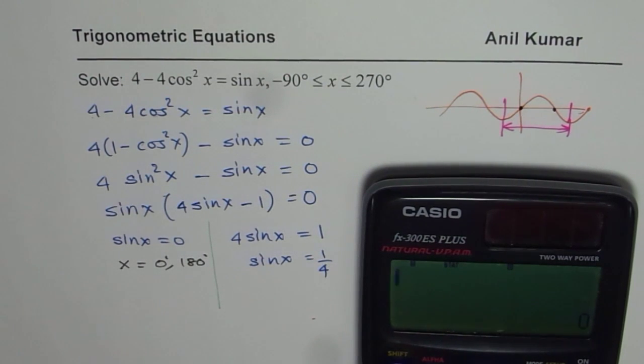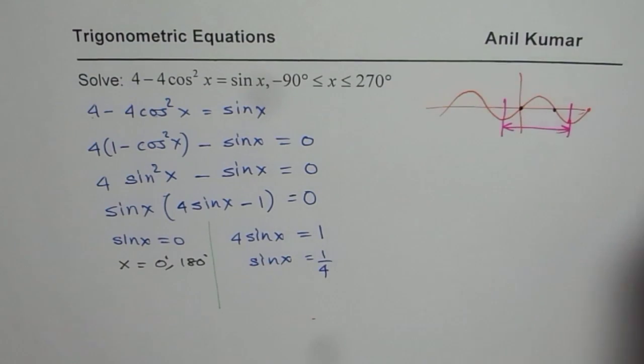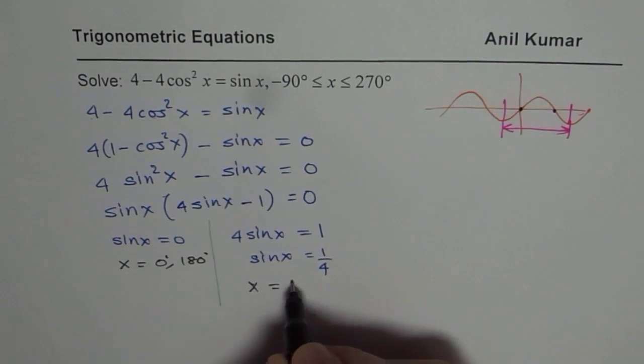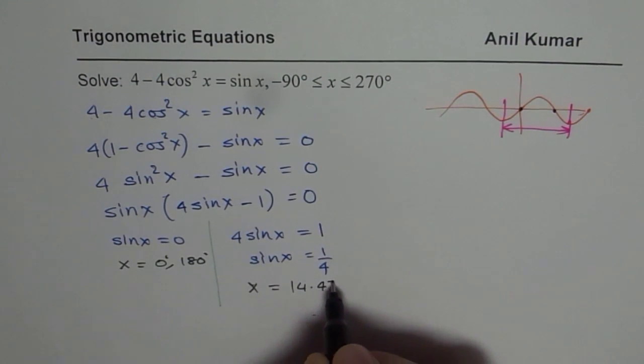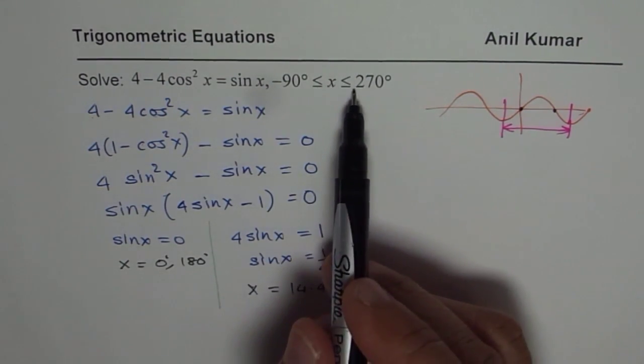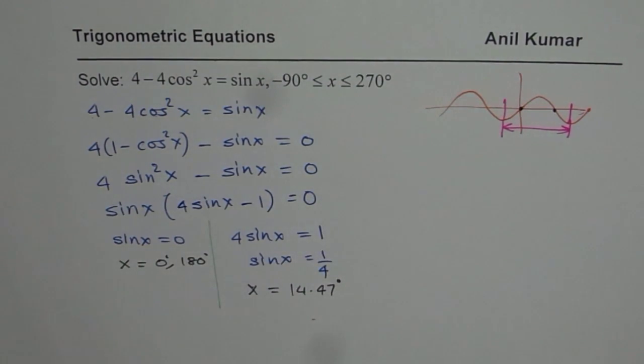So we do sine inverse of 1 divided by 4, and that gives us 14.47. So x equals 14.47 degrees. That is the answer in degrees. Now this happens to be in our domain, so we can definitely take this as one of our answers.